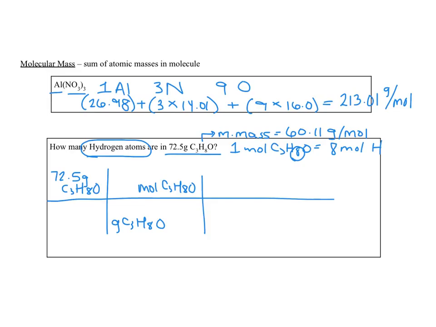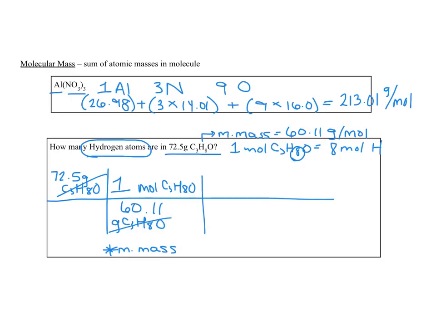Anytime you convert from grams to moles, you're going to be using the molar mass. So my molar mass that I found up here earlier, 60.11, is going to go in that box. And that's how many grams are in 1 mole. So I get grams of C3H8O to cancel.